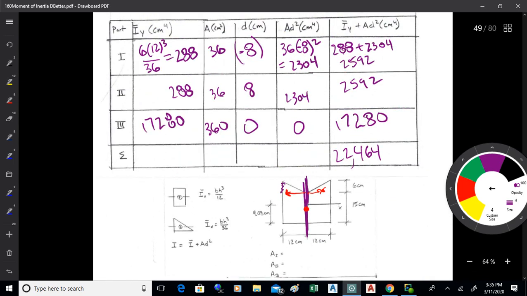Okay, so we got any questions on this one? So, as I've mentioned, this is kind of a more abstract thing than a centroid.